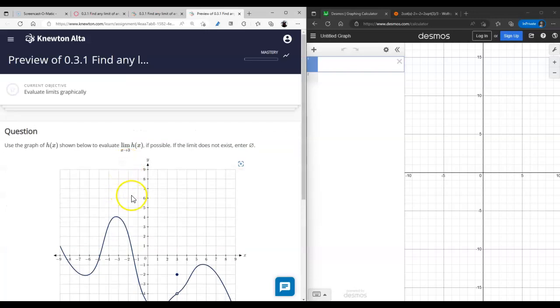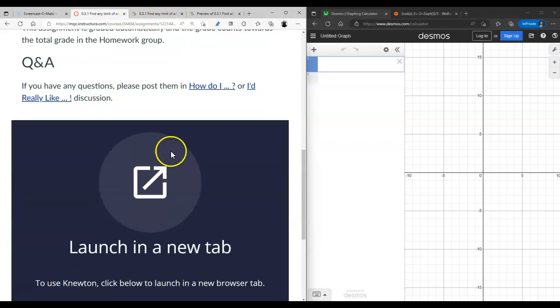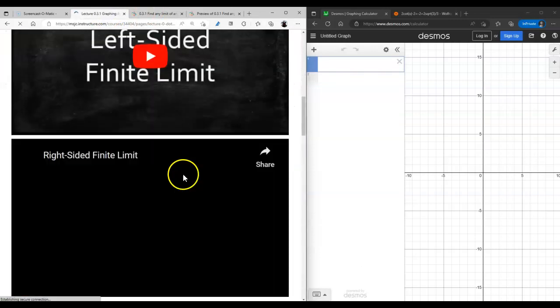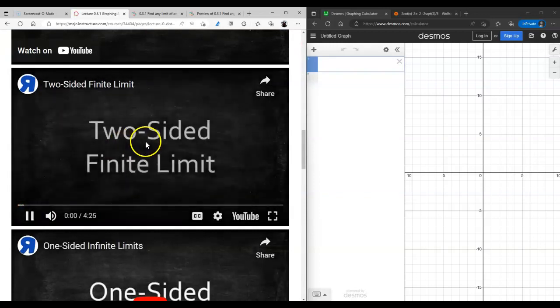You see the limit of a function, you look at the graph of the function, and then you answer the question. So the limit of the function as x approaches 3 is equal to -4, clearly. And how do we know that? We know that because we watched this lecture, and we know what a two-sided finite limit looks like.